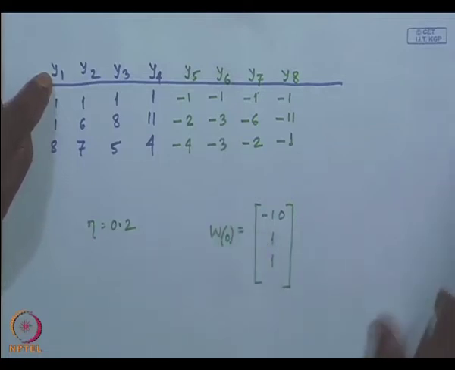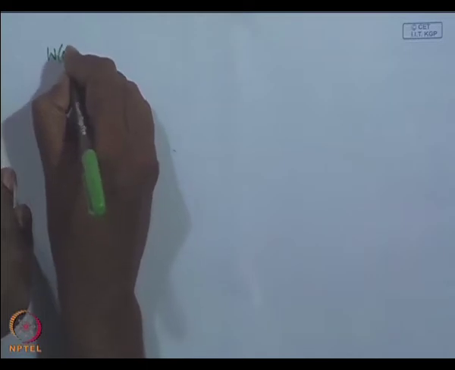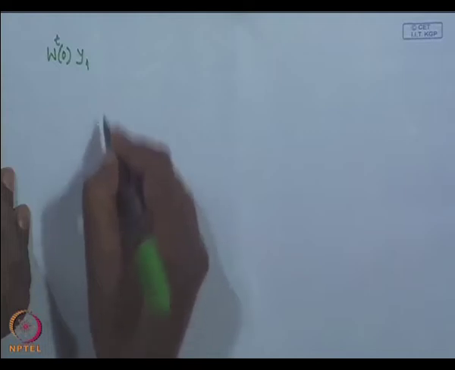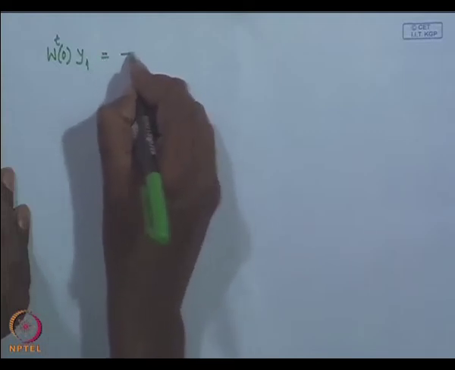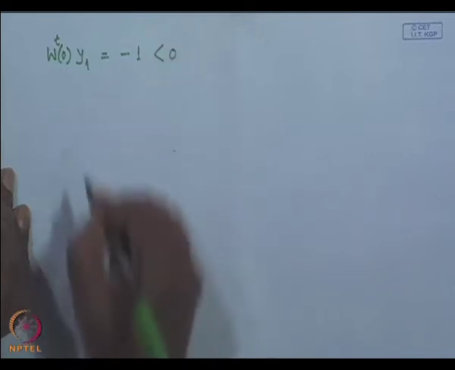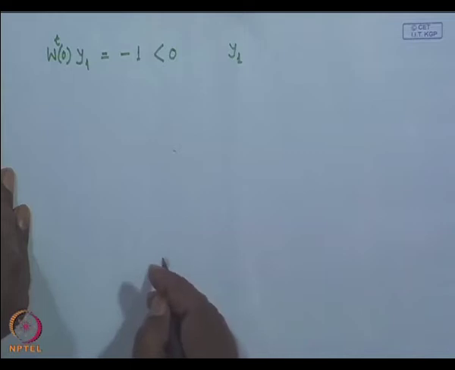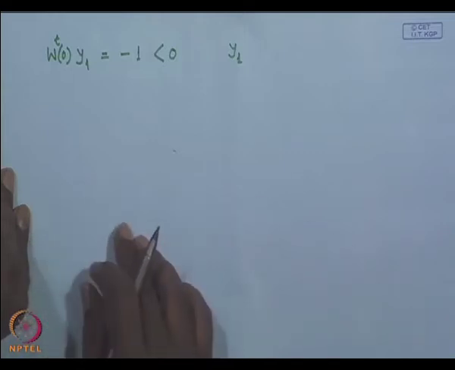So, let us see these different values that we get. If I compute w 0 transpose y 1, as I said, this has a value minus 1, which is less than 0. So, I have to consider y 1 for modification of my weight vector.